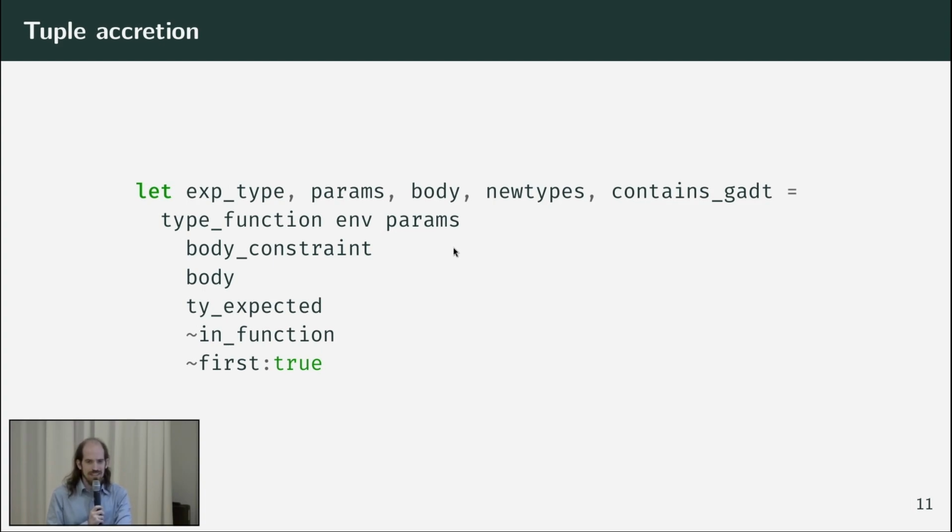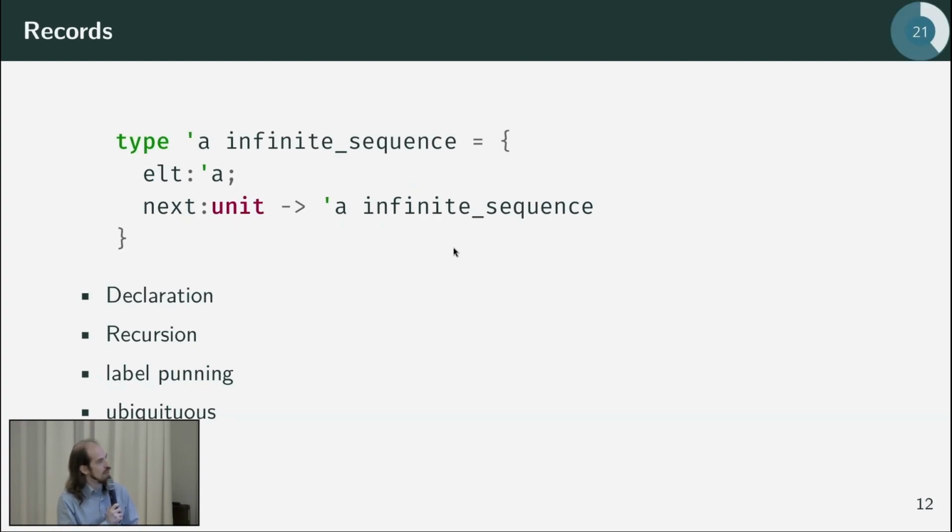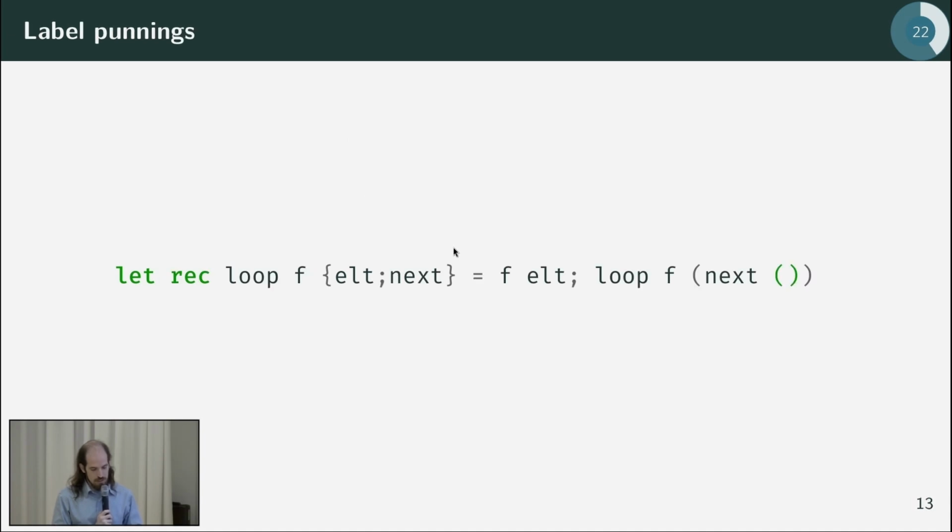So tuples are nice, but the free-for-all nature of them sometimes makes refactoring difficult, which is why records are most of the time much better once you start to have a big type or a big bundle of data, because you can name the fields, you can have recursion, and most importantly, you have label punning.